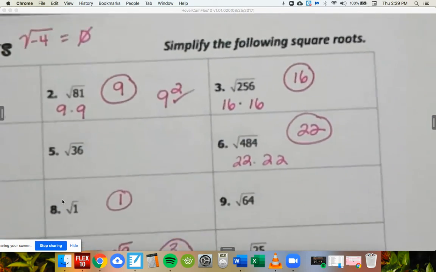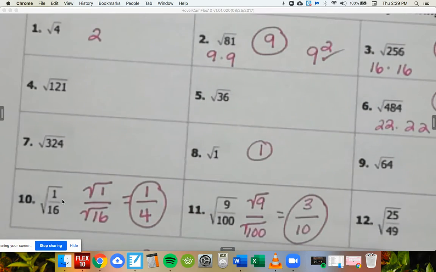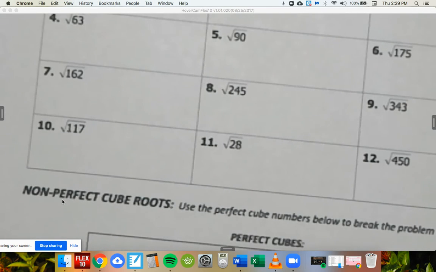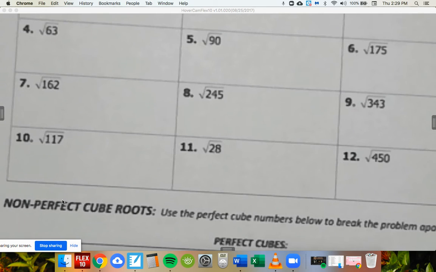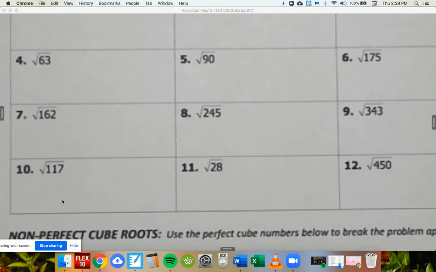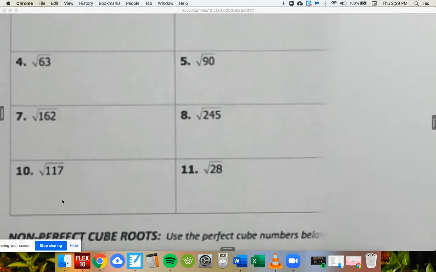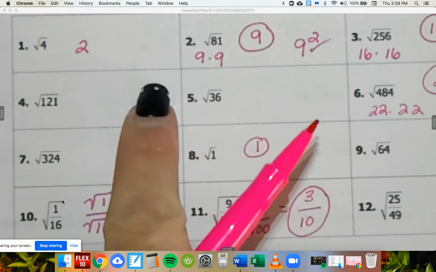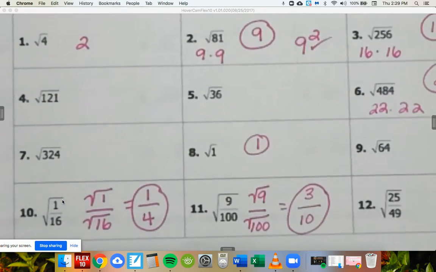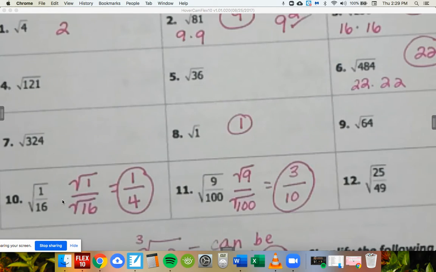We're going to take these same ideas of square roots and cube roots, and we're going to start using those ideas and explore numbers that are not perfect. So what I mean by that is these are all numbers that when you take the square root of, you get a nice, pretty little answer. Or if you take the cube root of, you get a nice, pretty little answer.